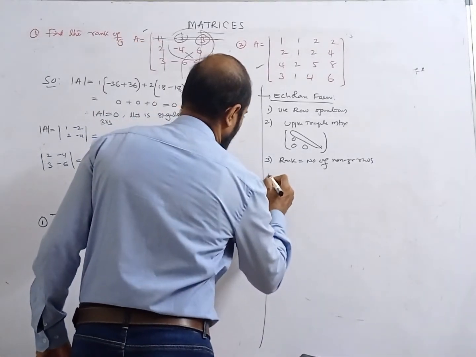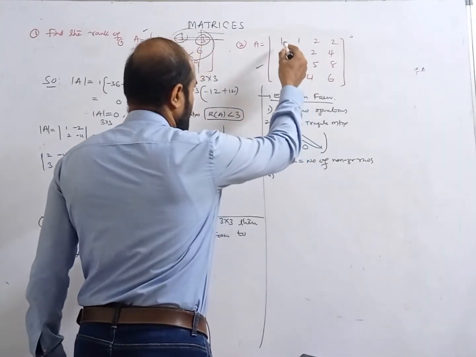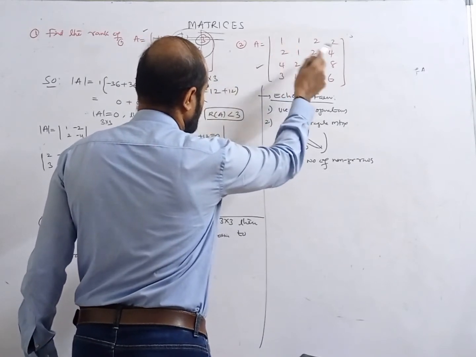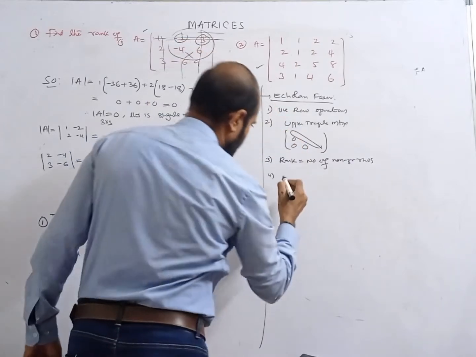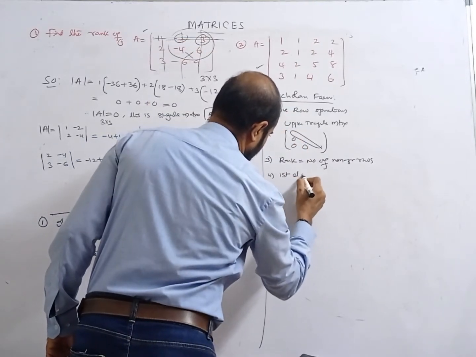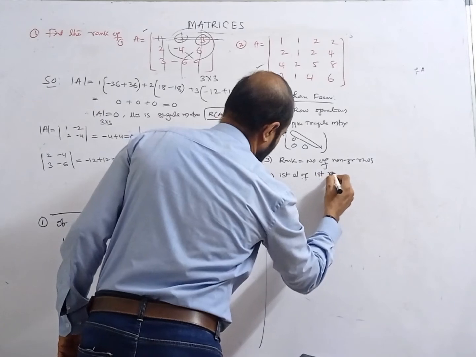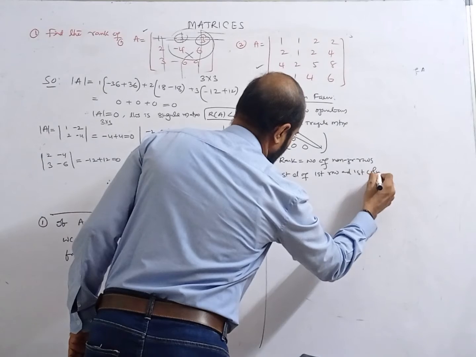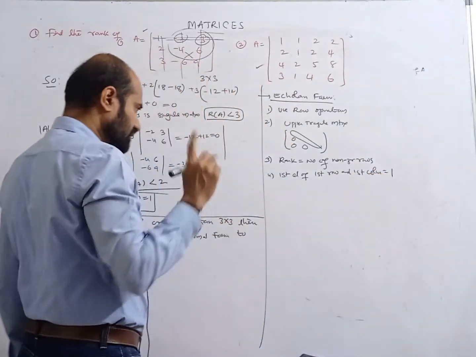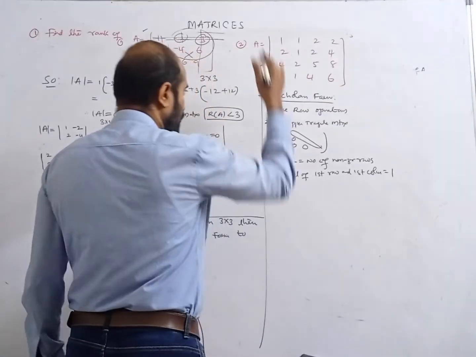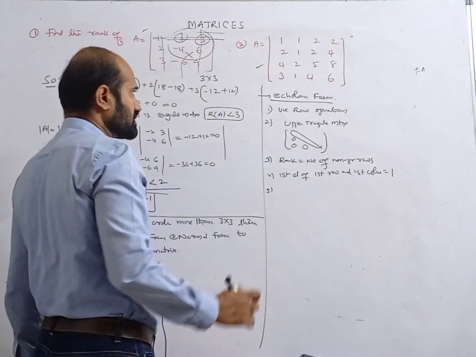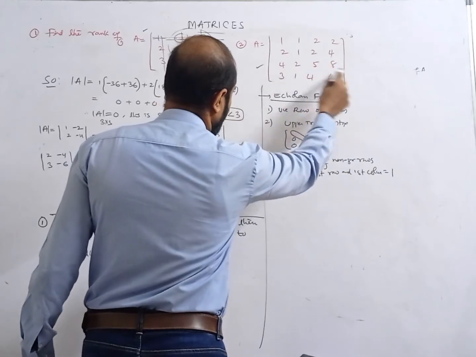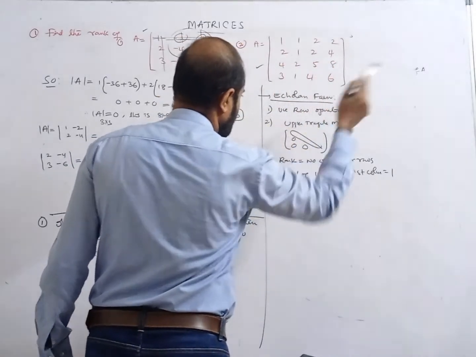And if possible, one more point: try to make the first element of the first row and first column equal to 1, right? And while we are doing these row operations, if any 0 row occurs, for example 0 0 0 0, so if all elements are 0, then that is called a 0 row.